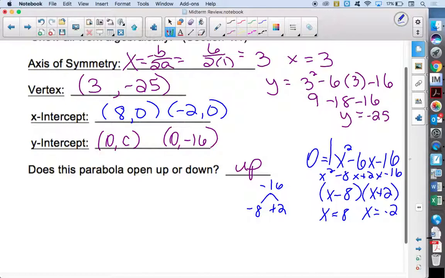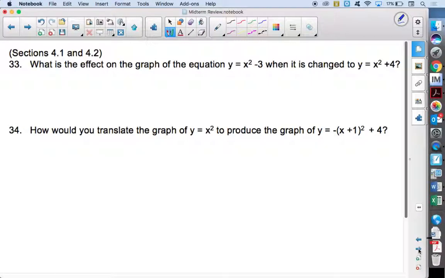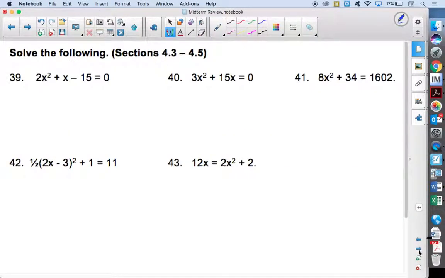Alright, so if you look just right underneath this, well maybe not right underneath it, I wanted to go to 43. Is 43 at the bottom of the page or at the top of the next page? In the middle of the next page, okay. So in this group it says to solve the following equations. 39 and 40 are both factoring.